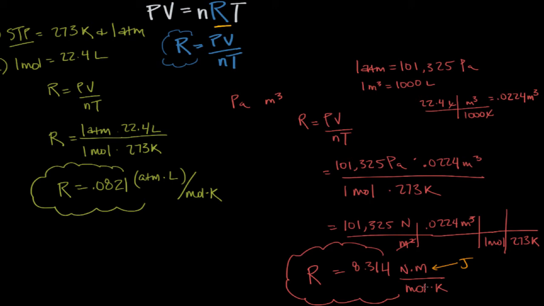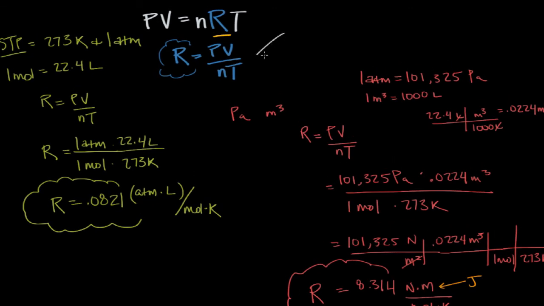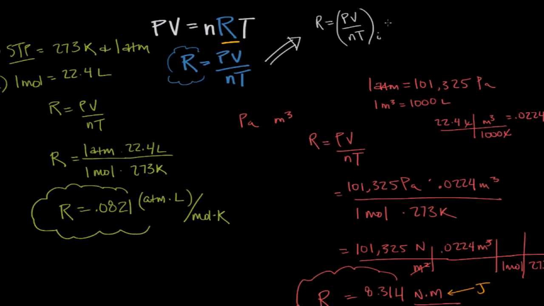So think about what this means. If R is constant, then R is equal to PV over nT for the initial state of a gas, but R is also equal to PV over nT for the final state of a gas.